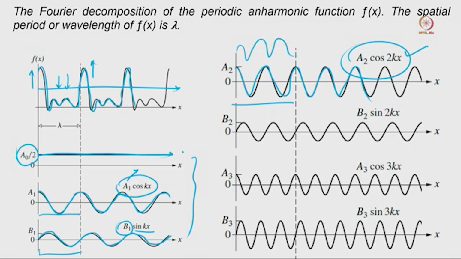That is why we are using A2 cos 2kx. Now, if I have one more wave to select, here I am using a sine wave to add that, so that comes B2 sin 2kx. If I can add one more wave, I am just increasing the frequency again, so that comes 3kx.